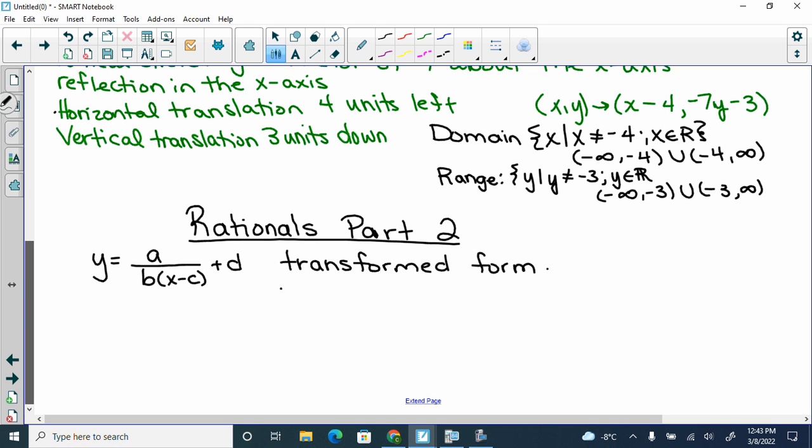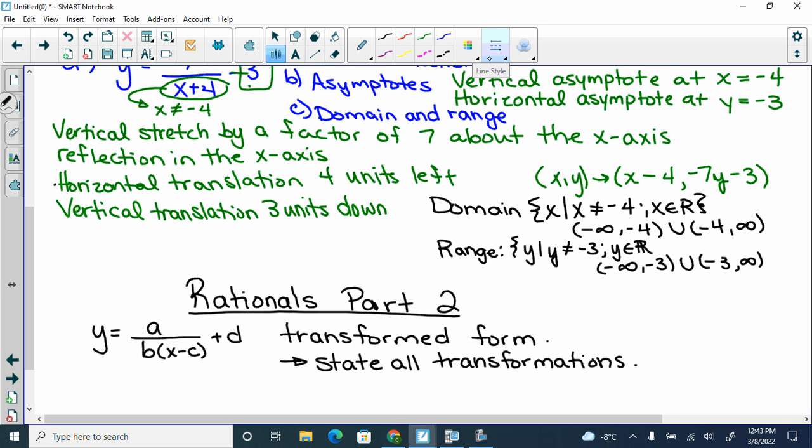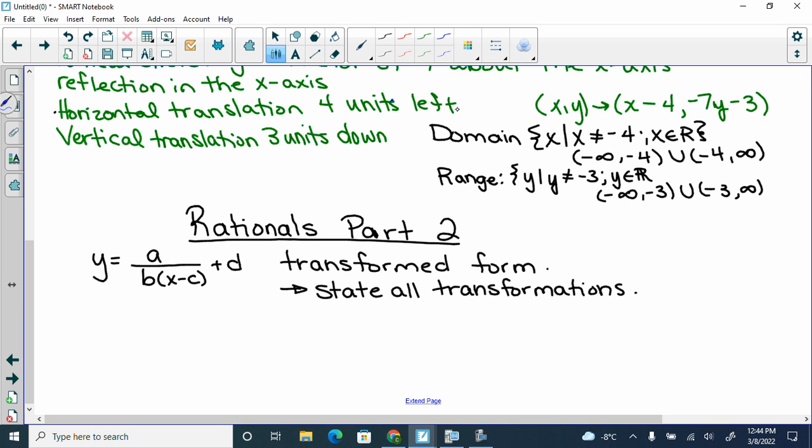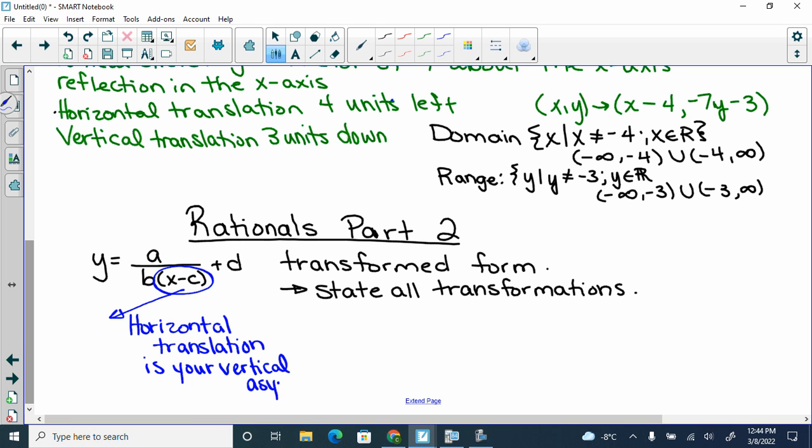And in transformed form, you can state all the transformations. That's what it's good for. Also, the other thing it's good for is that your horizontal translation is your vertical asymptote, and in this case, x equals c.